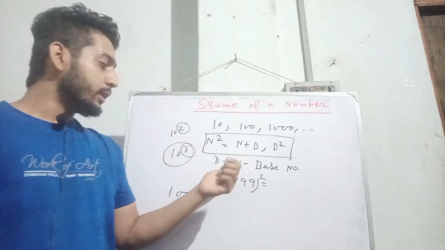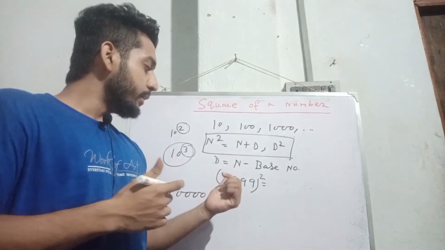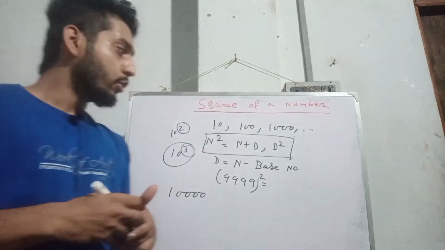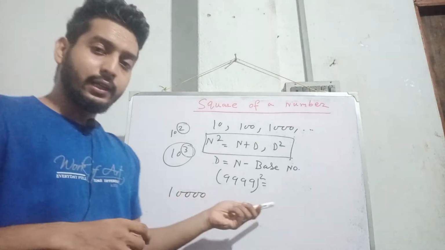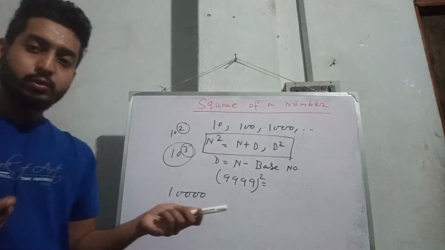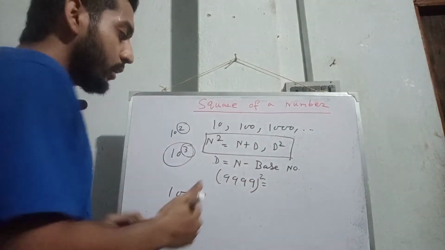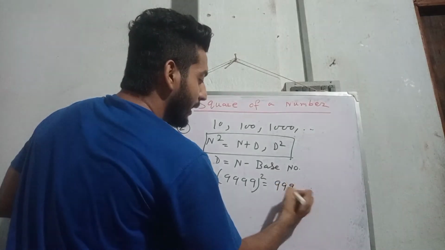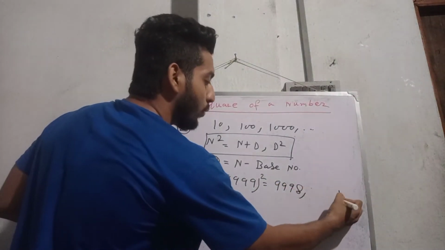The d will be minus 1 since it is below 10,000. So we can apply n plus d. Here n is 9999 plus d, that is 9999 plus minus 1, which is 9998, comma, minus 1 square. Minus 1 square will be 1.